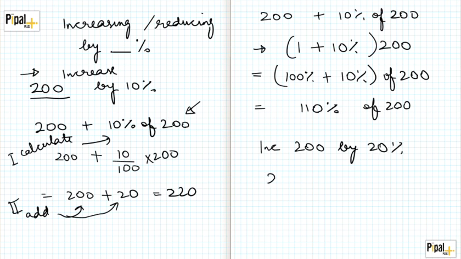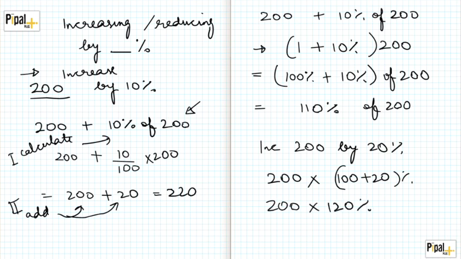Now let's say I'm asked to increase 200 by 20%. I'm simply going to multiply 200 by 100 plus 20%, which is equal to 200 times 120%, right? Now it just remains to be simplified if I know what fraction this translates into. This translates into a fraction 6 upon 5. 120 upon 100 is 6 upon 5.